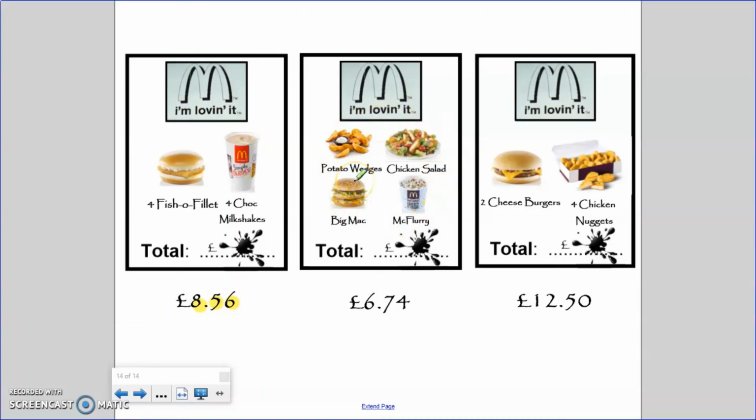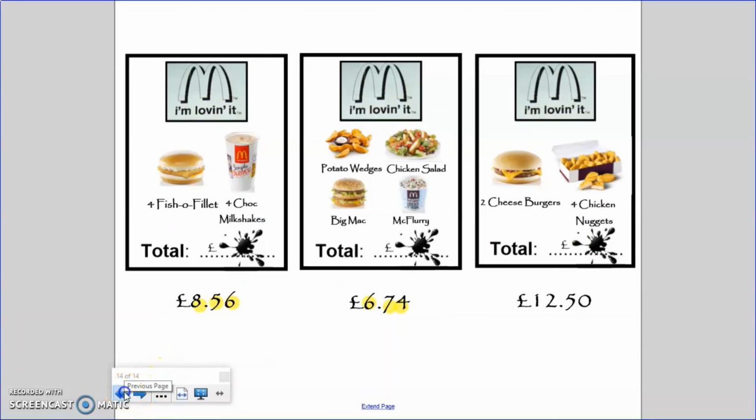Once you start compiling the menu together and understanding some of the prices, you should be able to work out that 1 potato wedge, 1 chicken salad, 1 Big Mac, 1 McFlurry is going to give you a total of £6.74. The final ink stain would have been a value of £12.50, again using the values that you found for cheeseburgers and chicken nuggets.